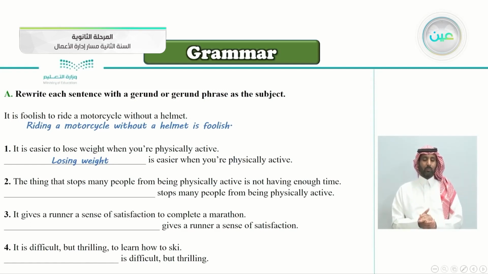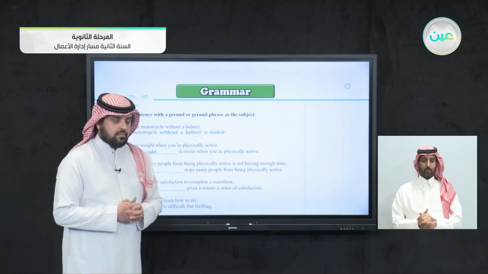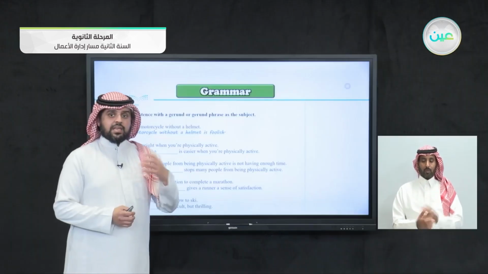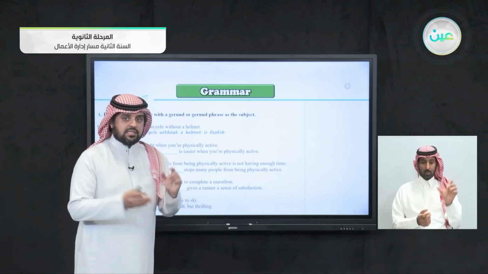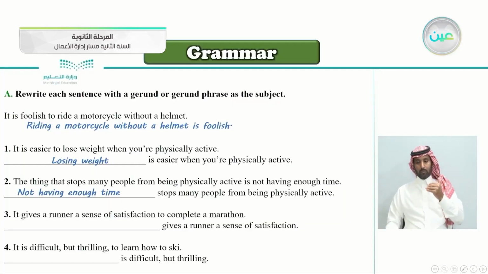So what do we write here in number two? So the correct answer here is not having enough time. Not having. So we begin it with a negative. And if you want to make a gerund or a gerund phrase negative, just put the word not before it. Not having enough time stops many people from being physically active.